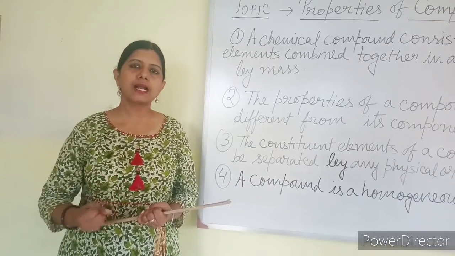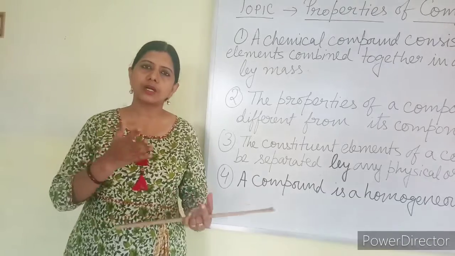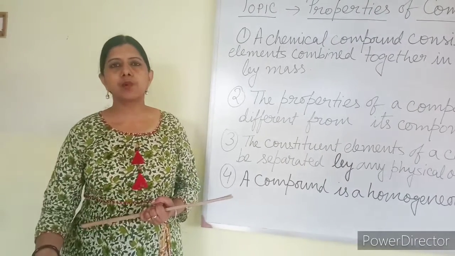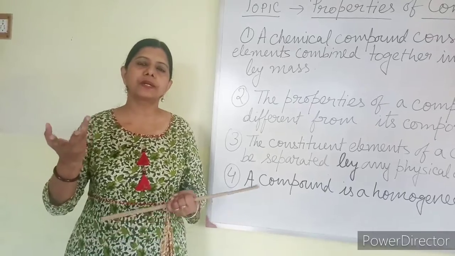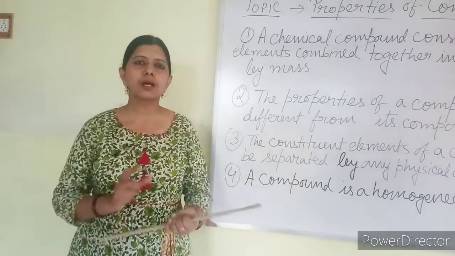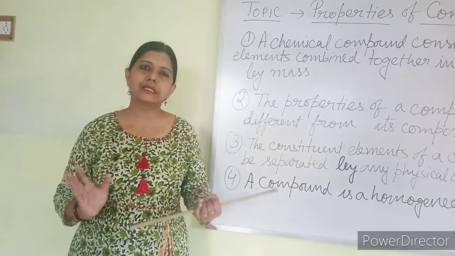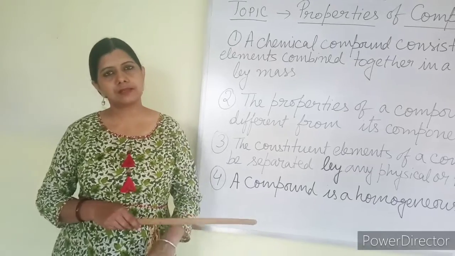It is not that in some particular place, say inside a glass you are taking water, at the bottom the number of molecules is concentrated and at the top it is not. It is not like that. Throughout the bulk the composition is the same, that's why it is called a homogeneous substance.